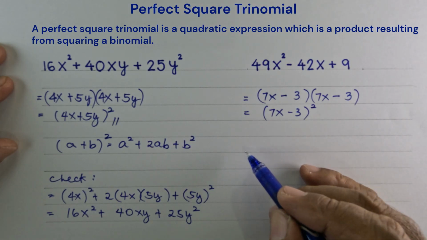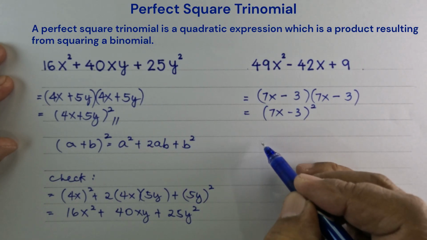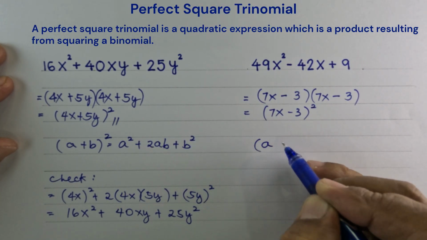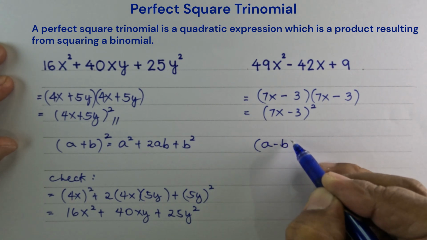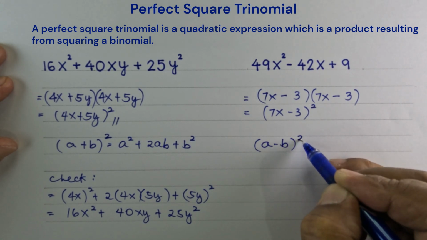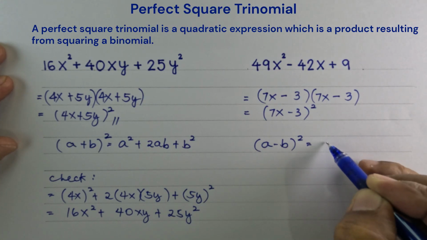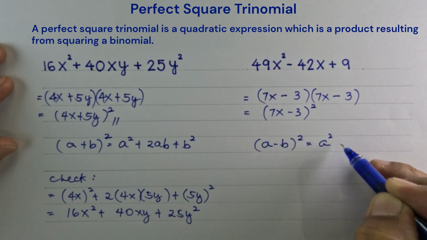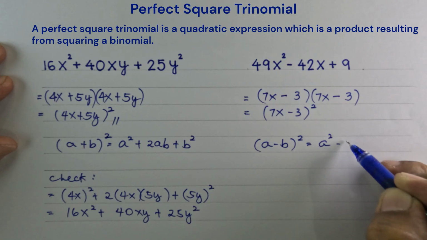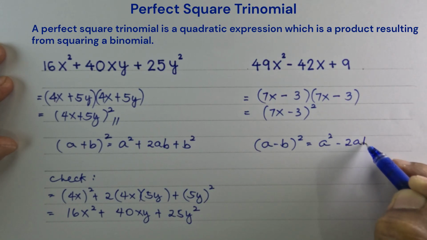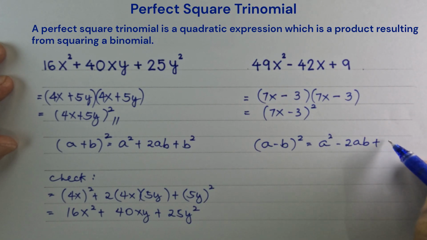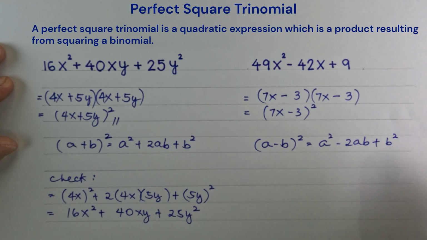Now, this falls under the general formula: a minus b quantity squared is equal to a squared minus 2ab plus b squared.